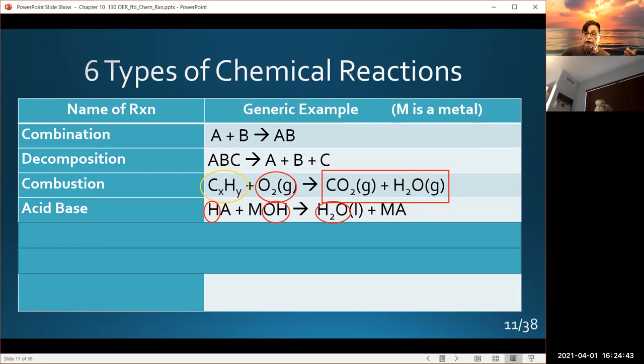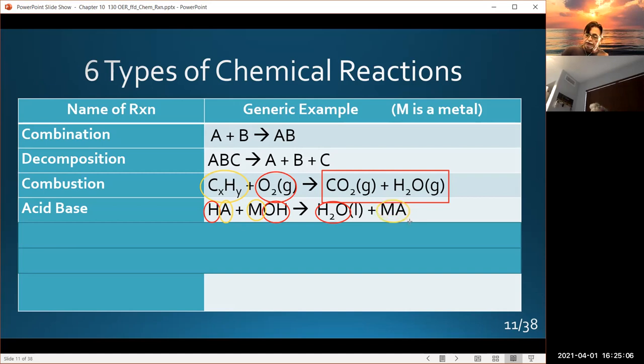And then you generate the corresponding salt. And salt is not necessarily just sodium chloride, but it could be any metal, depending on what M is, and the corresponding A, which is the anion of the acid, to create MA, which is the salt, okay?